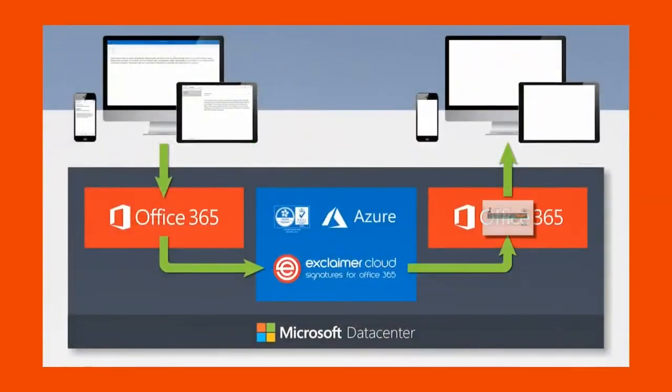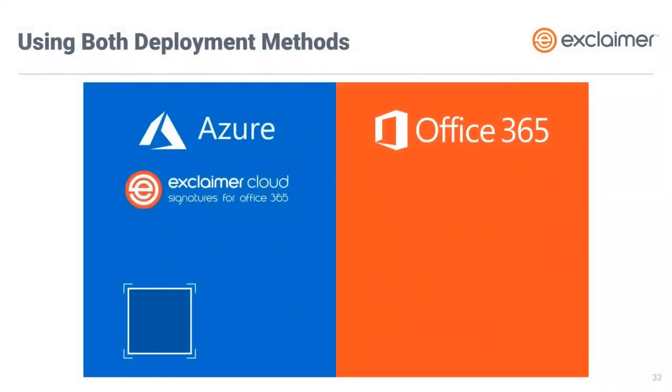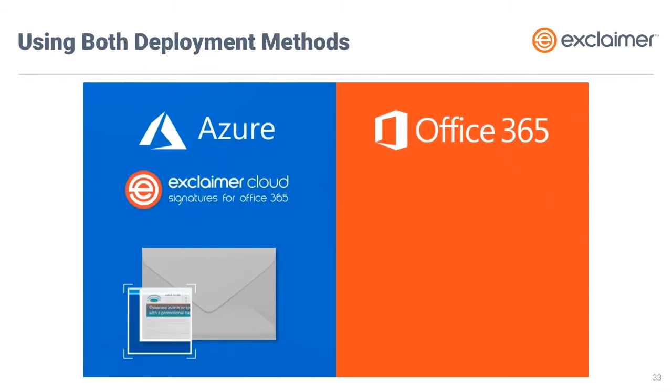That way, email can have that signature correctly applied, go back to Office 365, and in the second pass, be delivered to the recipient by the tenancy customer. Now, what's very popular is use of both of these methods, achieving a sort of best of both situation, where the signature is only applied at that server level if it's not already applied at the client level.